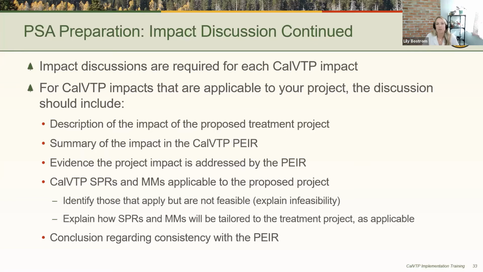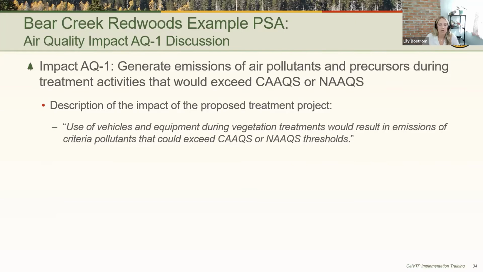And you want to be sure to explain how any standard project requirements or mitigation measures may be tailored specifically for your treatment project. And finally, the final step is to conclude with a statement regarding consistency with the program EIR. Next slide, please.